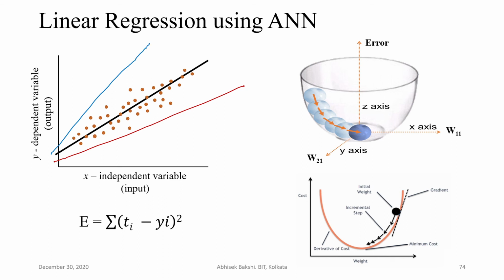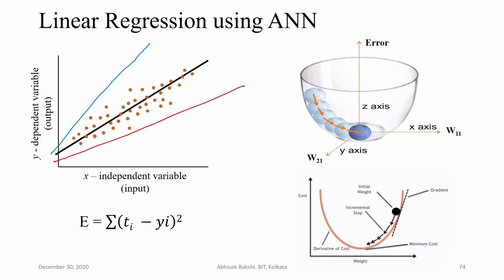From which side the learning, the curve fitting, will start, I don't know, because I have taken W11 and W21 as arbitrary values. I don't know the optimal value of W11 and W21. If I knew the optimal values, at the first attempt I would get the curve. That is not possible, so I start from arbitrary values.